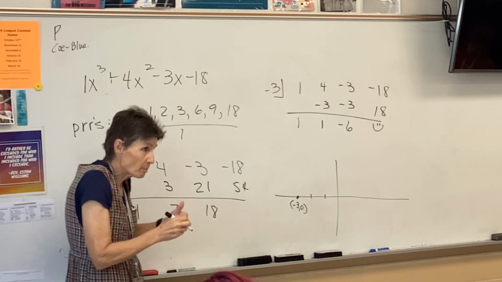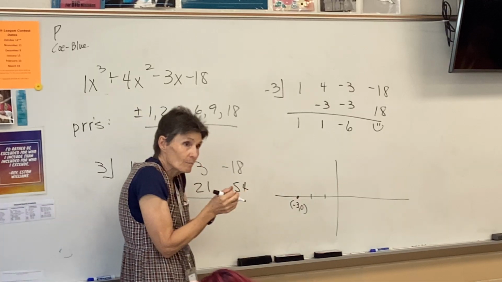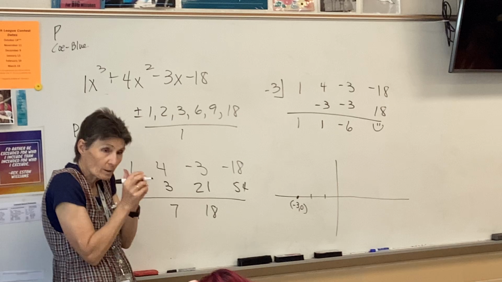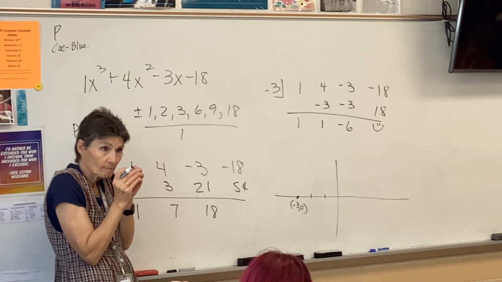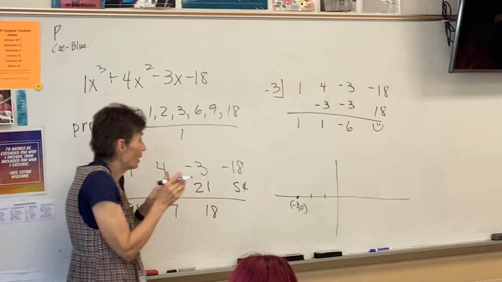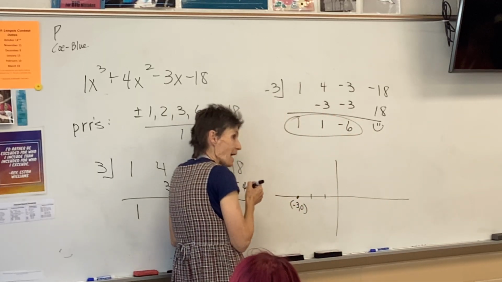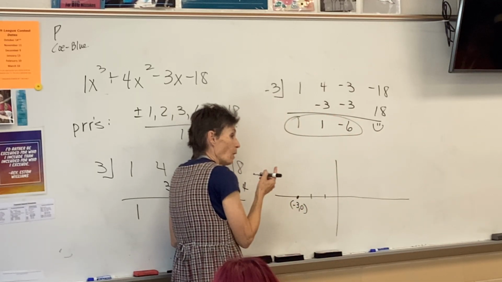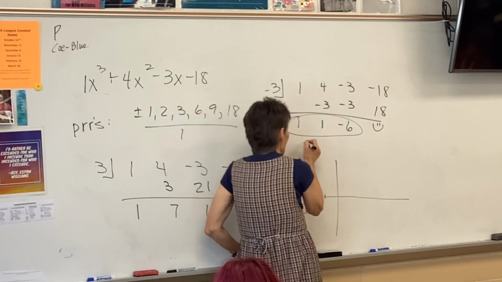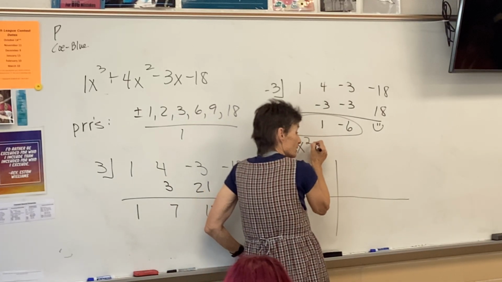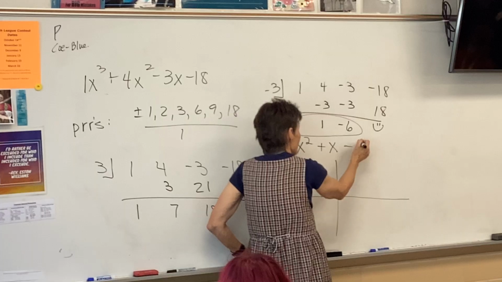Look at the last problem, guys. What did we do? Where did we focus our attention? On this right here. Because what is that? It's the quotient, but what is it? X squared plus x minus 6.